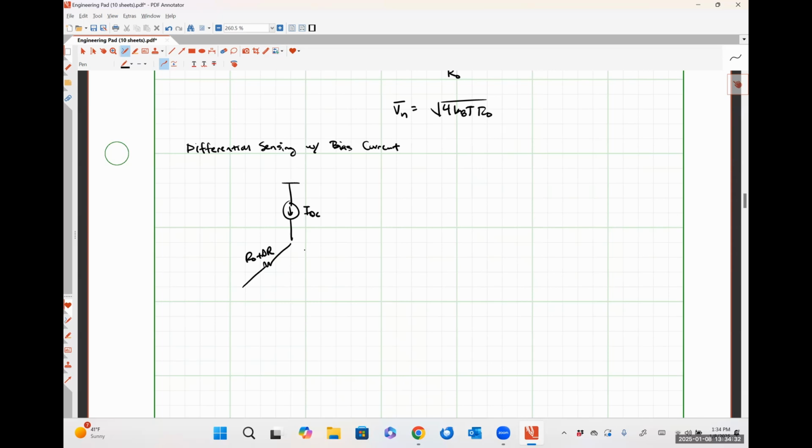Here's an R naught plus delta R. Here's an R naught. Here's an R naught. An R naught plus delta R. So we can see that these paths contain identical resistances.